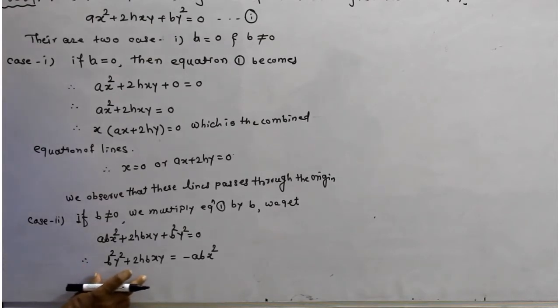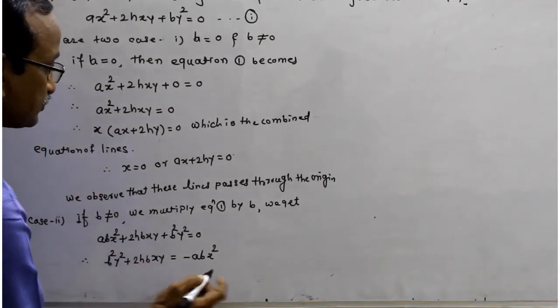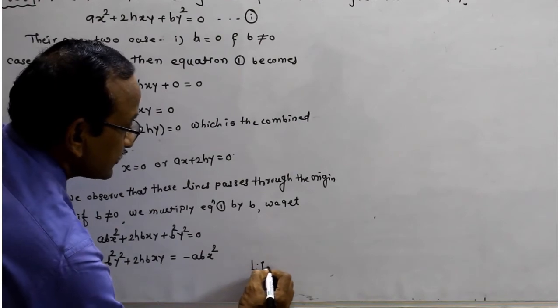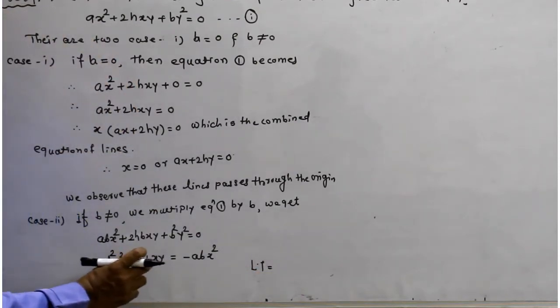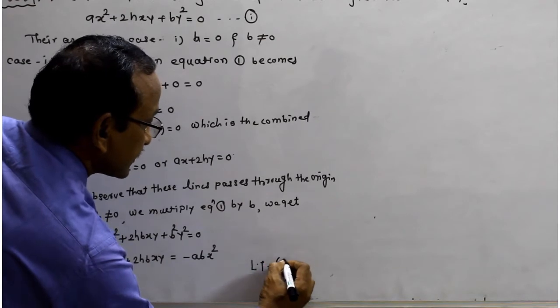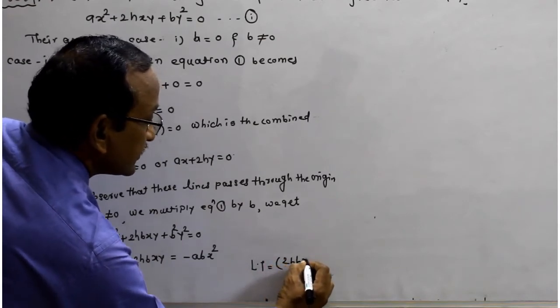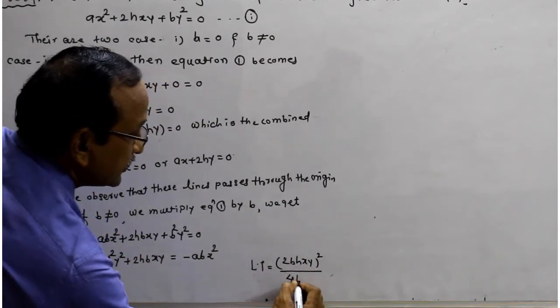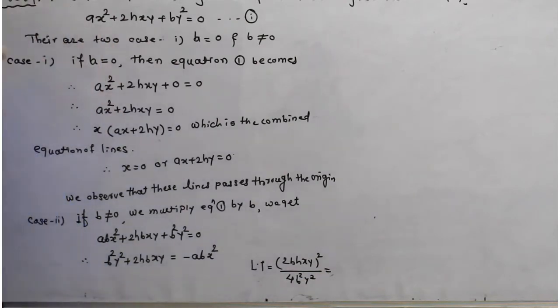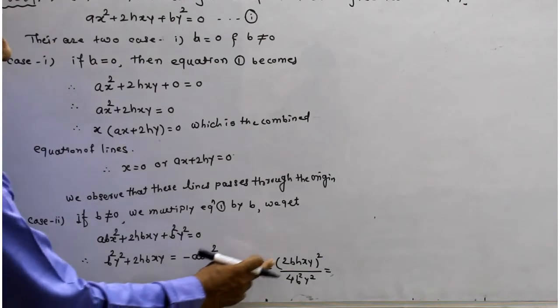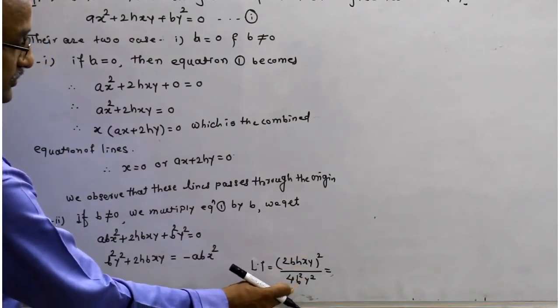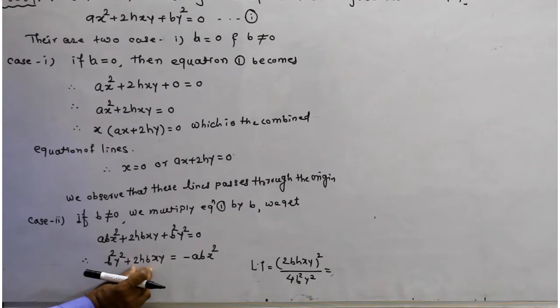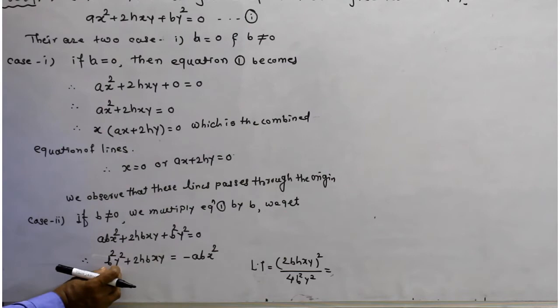Now to complete the perfect square, we find out the last term. So how to find the last term? Middle term square upon 4 times first term, which is b square y square. What is LT? LT means last term. Which is the middle term here? 2 times hbxy square upon 4 times first term.